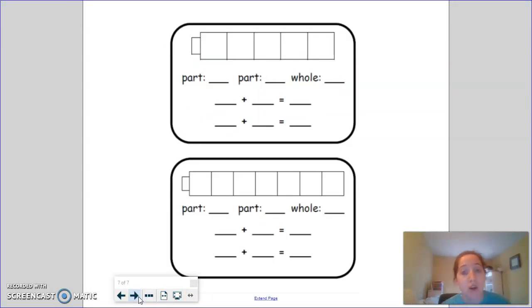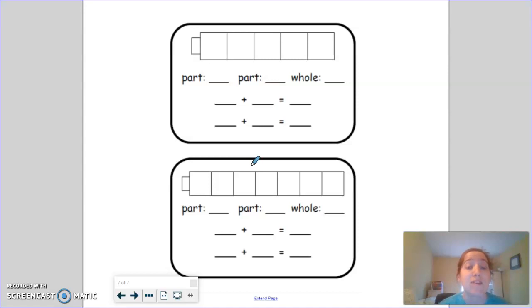So in a moment, you're going to go back to the assignment page and you're going to find this worksheet there for you to complete. There are going to be X's on each of these lines. That's where you're going to fill in the numbers. In order to do this, you are going to need to make up your own part, whole worksheet. You're going to color in the cubes to be 2 different colors. So you might pick red and yellow like we did in our papers, or you could pick any 2 colors.